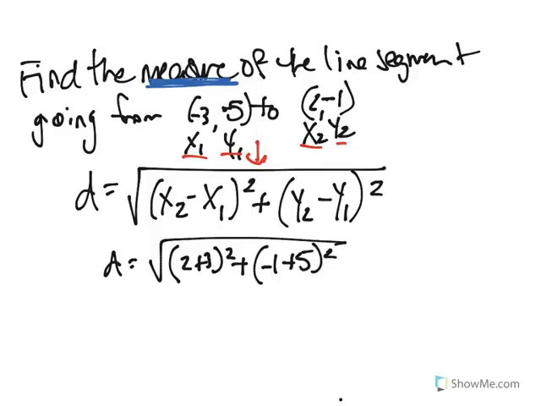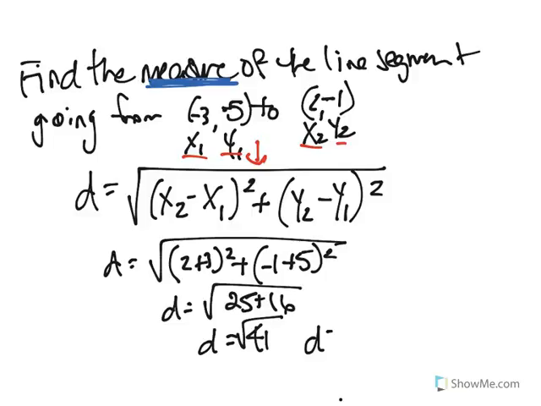I'm left with distance equals the square root of 25 plus 16, which is the square root of 41. Distance equals 6.4 units.